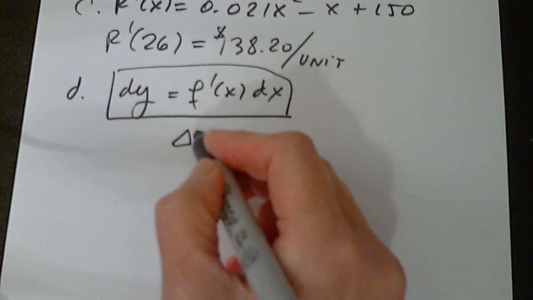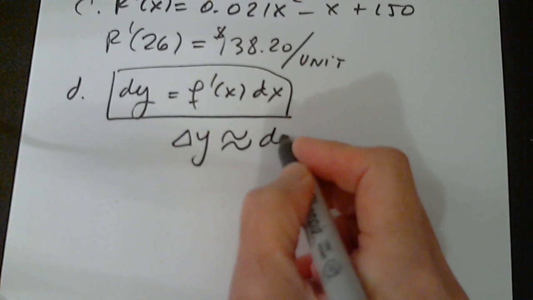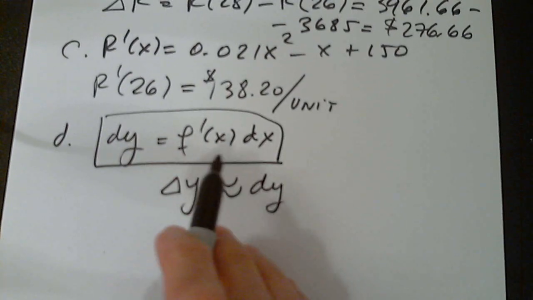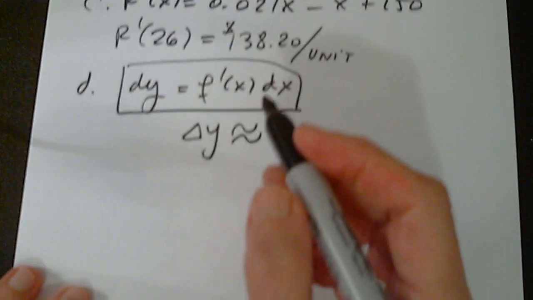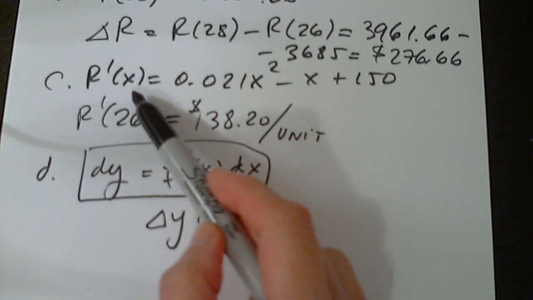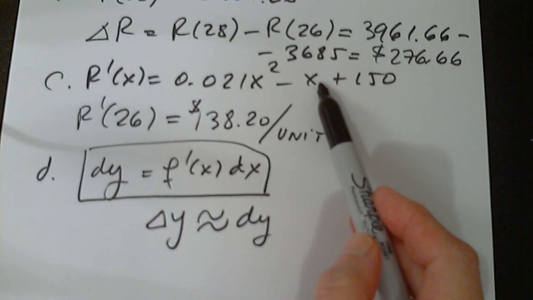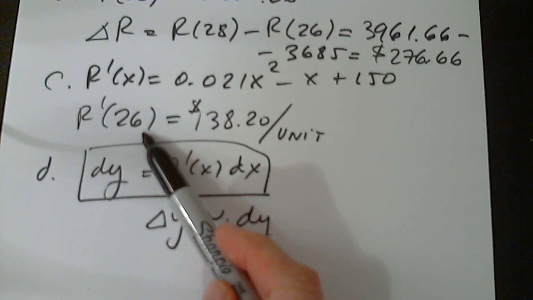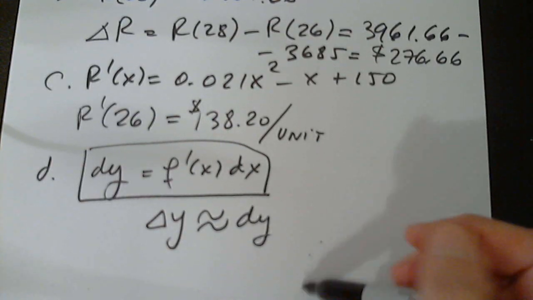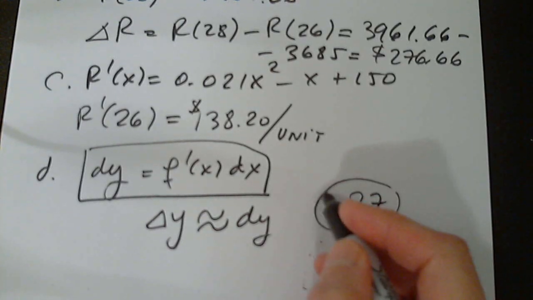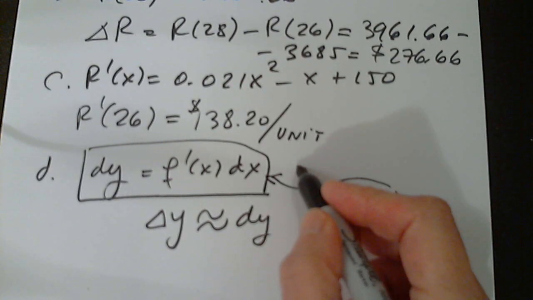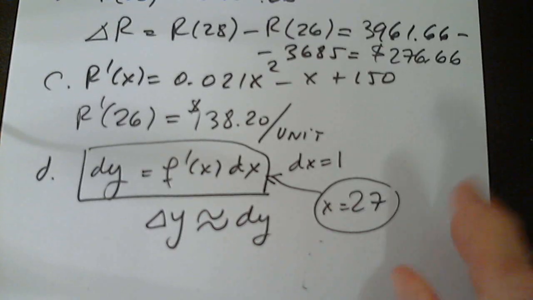We know that delta y is approximately dy, but they want us to find dy. So f prime of x is this, evaluated at 26. The delta x, because they're asking us for x equals 27, means that dx is 1.